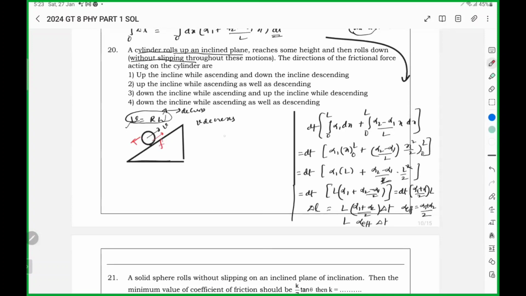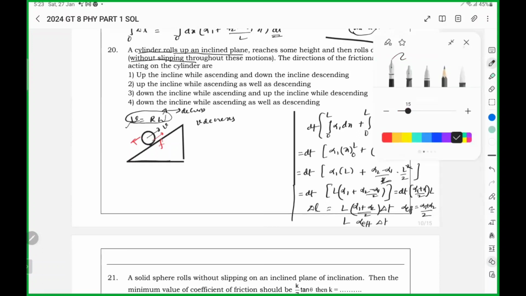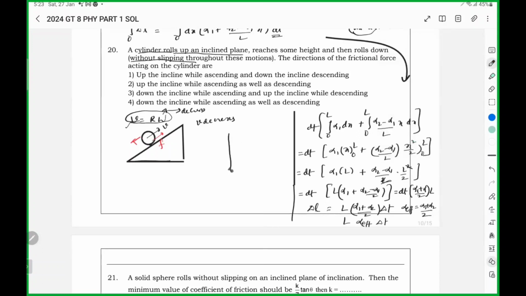In the other case, when it is rolling down, translational velocity V increases. For pure rolling, V increases, so omega must increase.